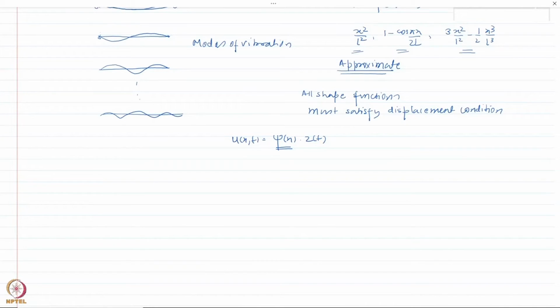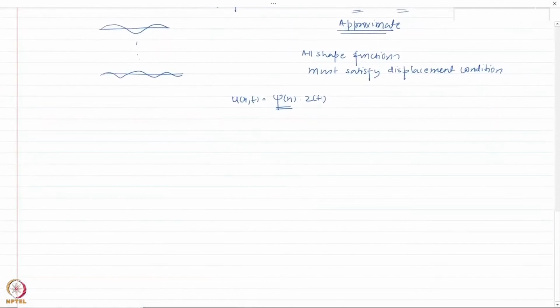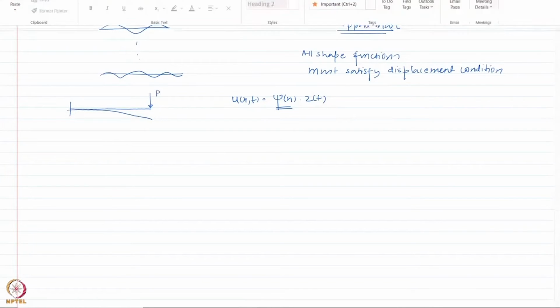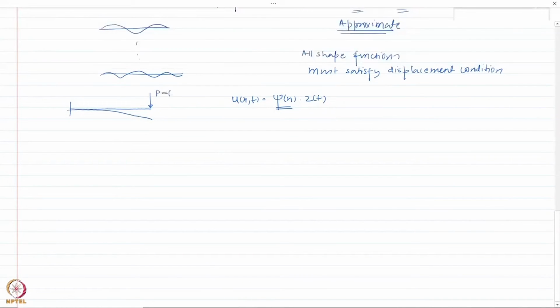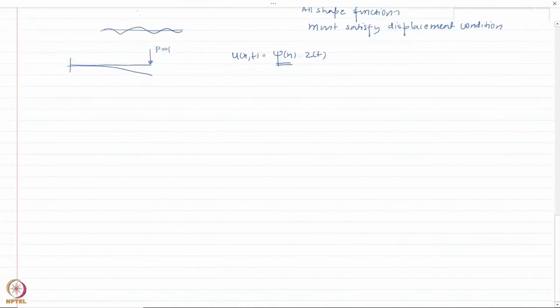For example, the actual deflected shape of a cantilever beam subject to a point load at its end, let us say this point load is 1, looks something like this.